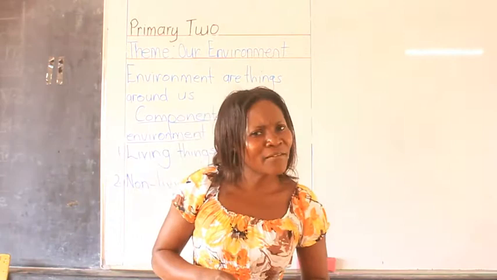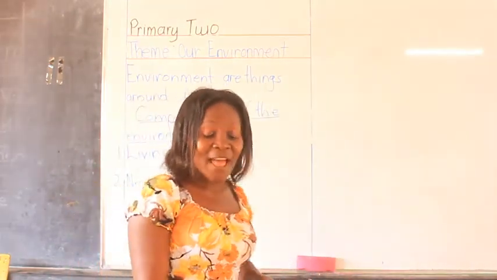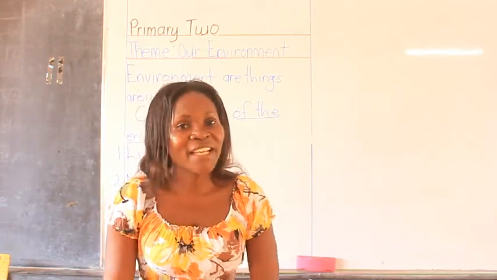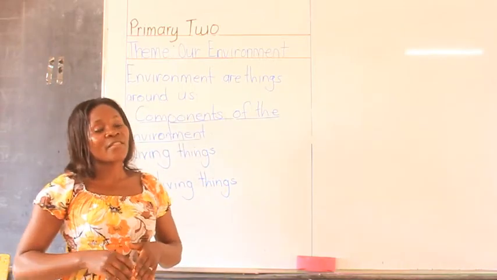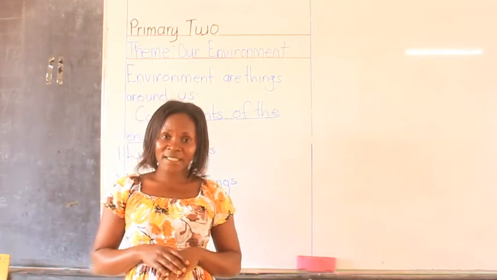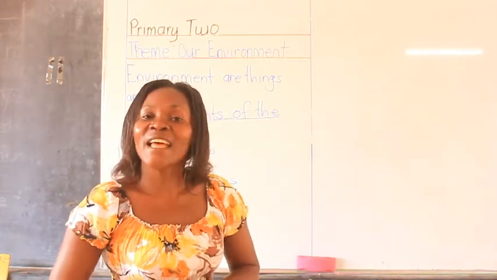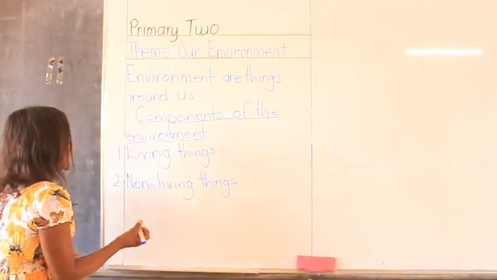Now, what are living things within our environment? That is the second question any of you is asking him or herself. What are living things? Living things, those are the things that have life within our environment. The things that have life, those are called living things. That is our second point.